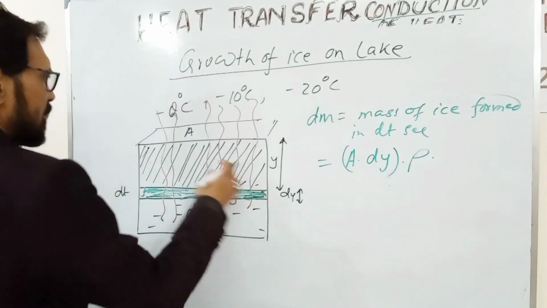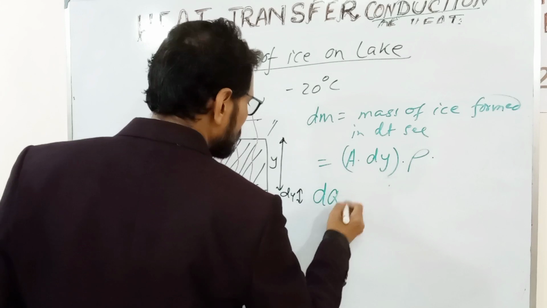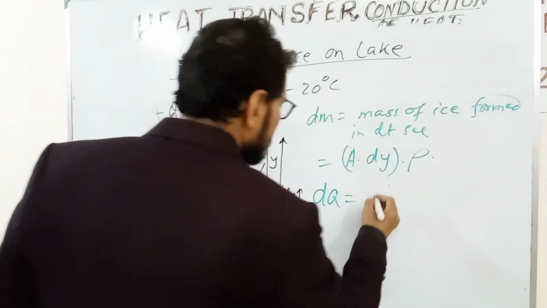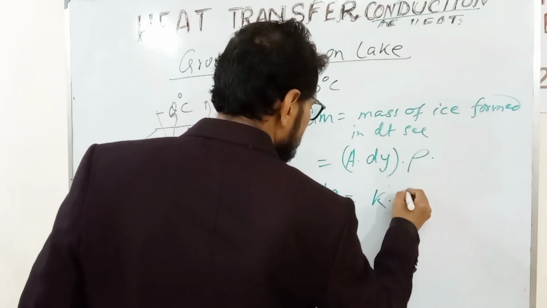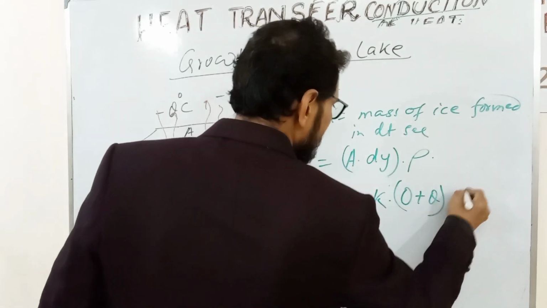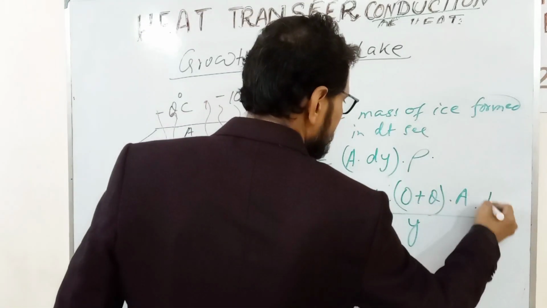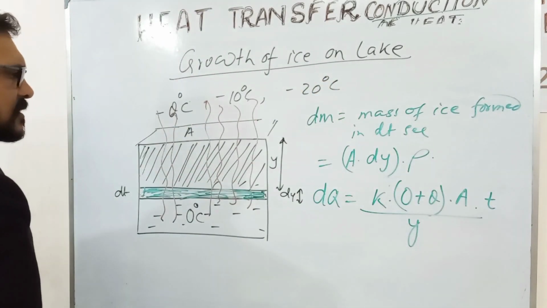So now the amount of heat rejected from this will be dq equal to k into 0 minus theta, that is theta, into area by y in time dt, that is suppose time is t or dt.